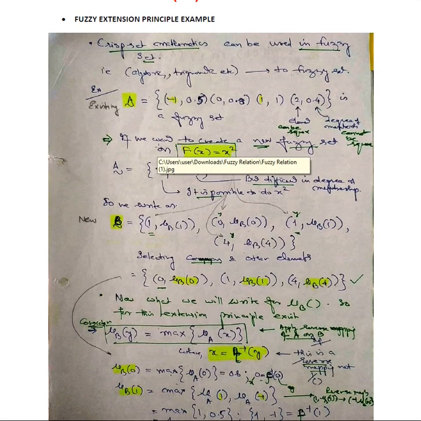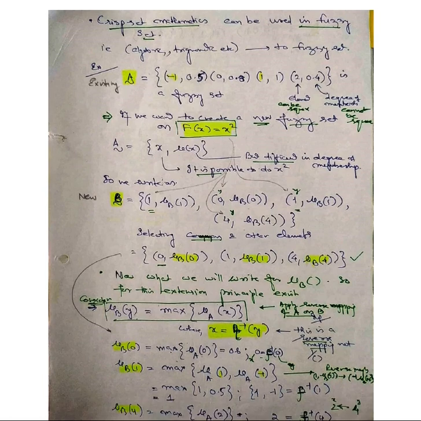Now let us see one example with respect to this. Here crisp mathematics, like algebra, trigonometric, trapezoidal, etc., can be used for a fuzzy set. The given fuzzy set has the pair minus 1 comma 0.5. What is minus 1 comma 0.5?